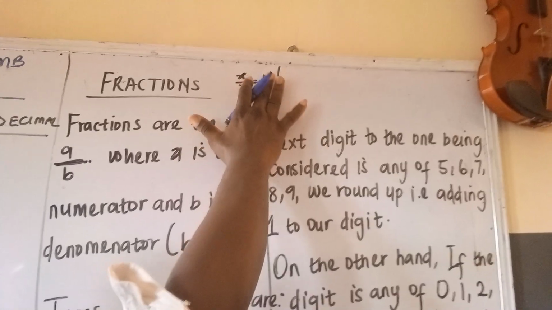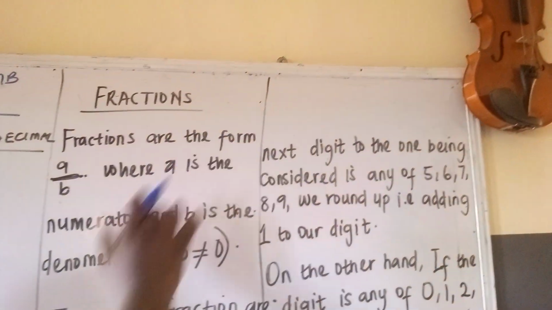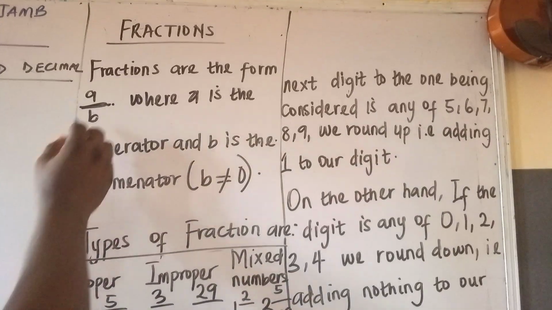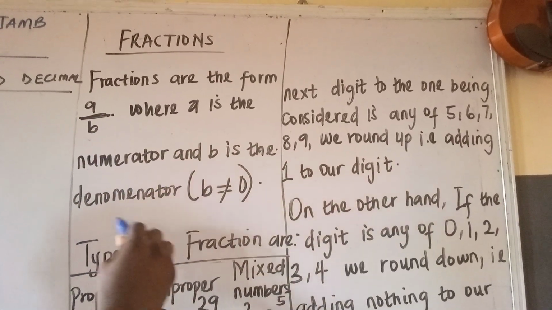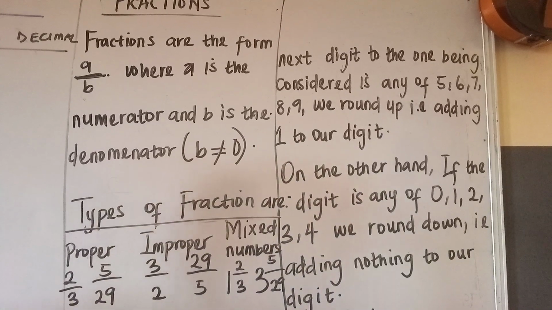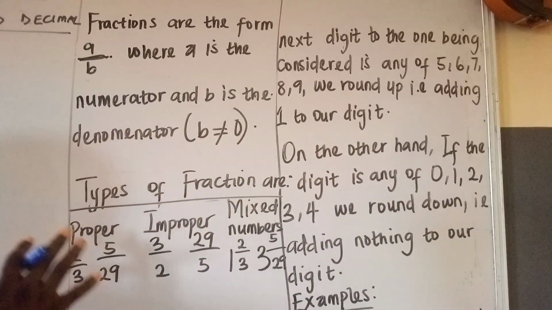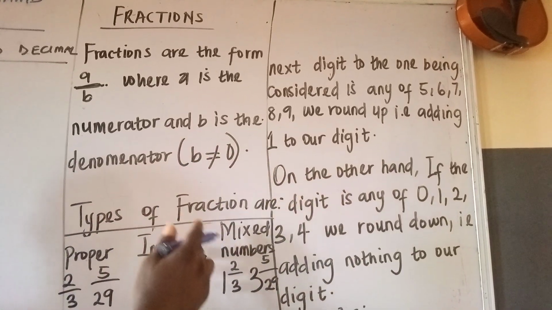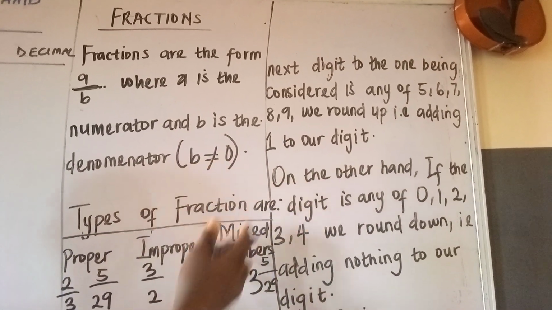Basically, the one on top we call the numerator, while the one below is called the denominator. This can stand as a fraction provided the denominator is not equal to 0.